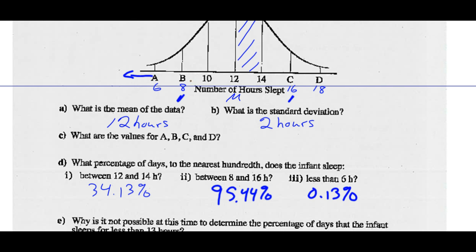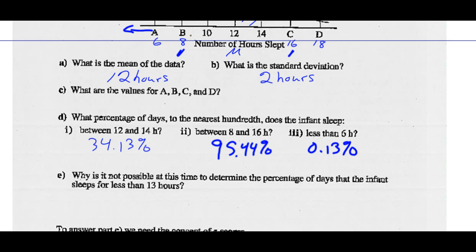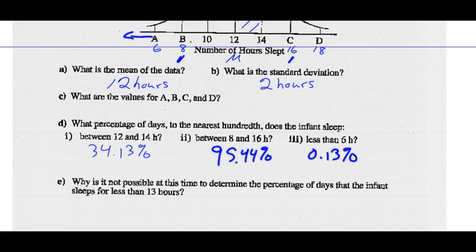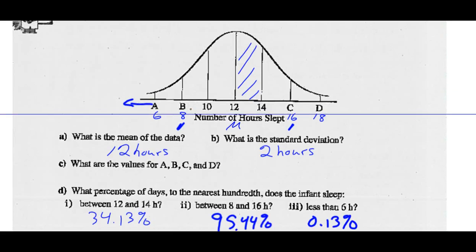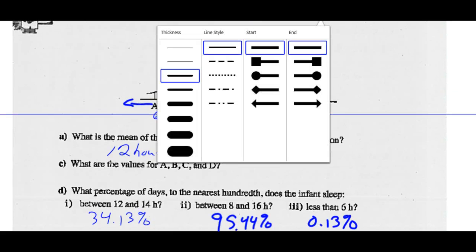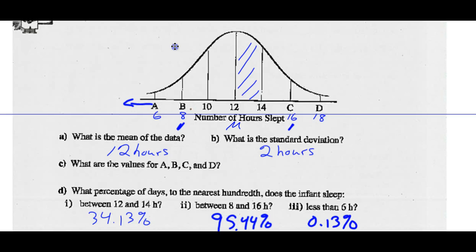Why is it not possible at this time to determine the percentage of days that the infant sleeps for less than 13 hours? Okay, let's have a look at that real quick. Here's 12, here's 14. We can easily find 13 on the horizontal axis. If I were to draw my line up here, we're looking for less than 13 hours.